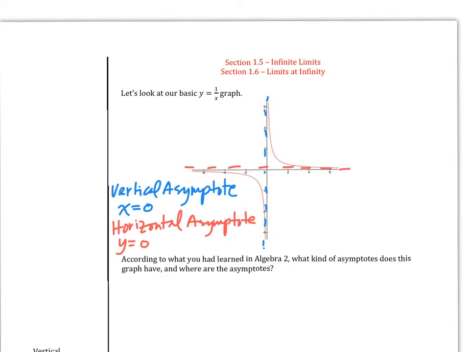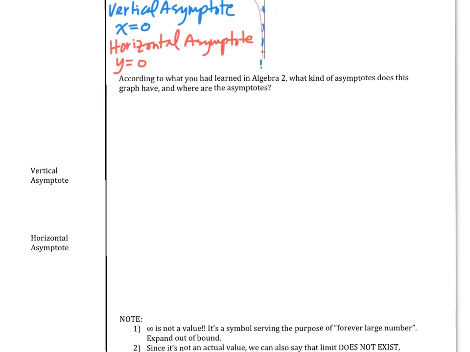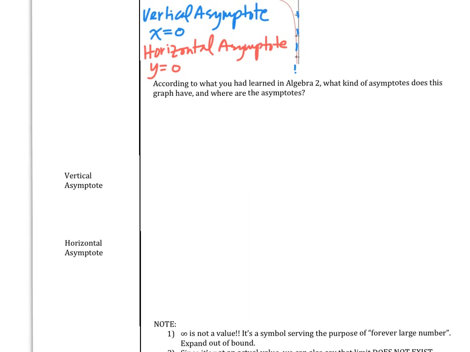So now that we're in calculus, we are not going to define vertical and horizontal asymptotes this way anymore. We're going to define them using calculus terms, which is limits. So first thing is the vertical asymptote.